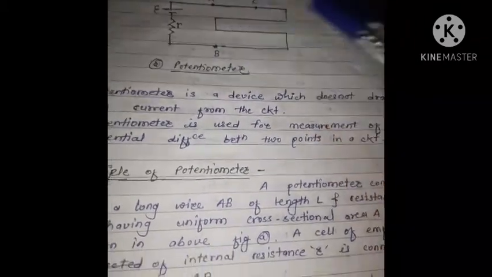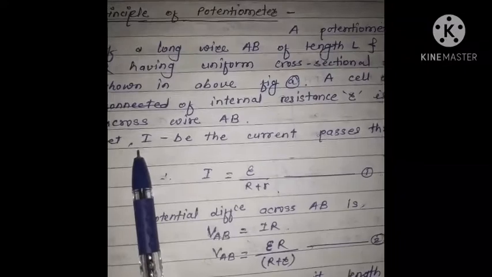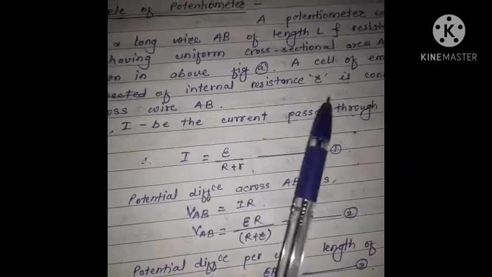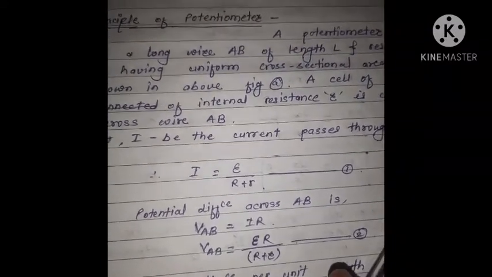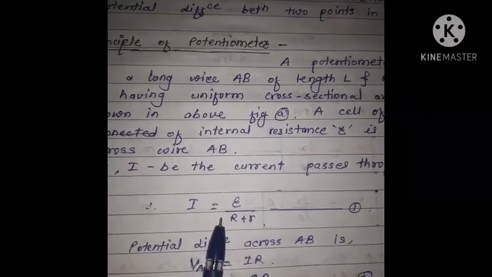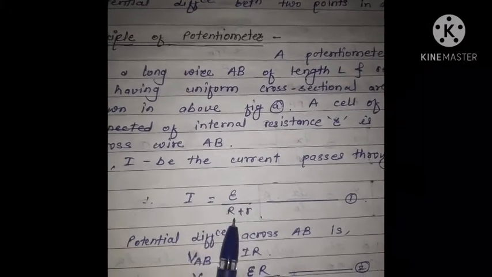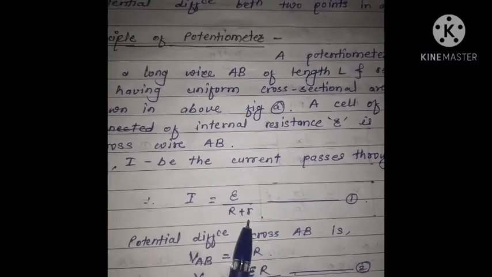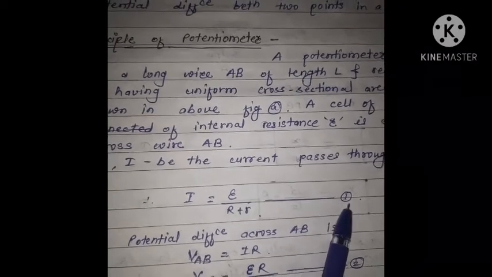So let us consider I be the current passes through the wire. So I is equal to E by capital R plus small r. Equation 1.